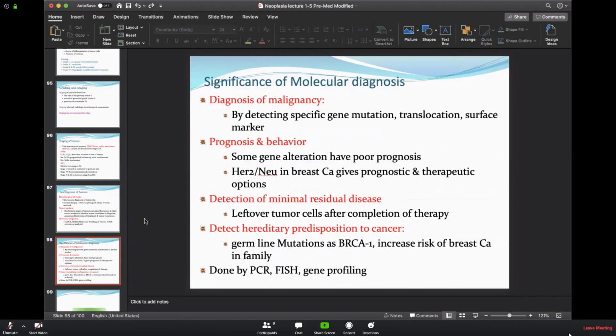So this is predictive. Prognostic means that tumors that have certain abnormalities might either behave better or worse than those that don't have the abnormality.